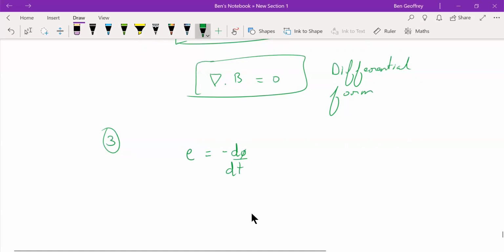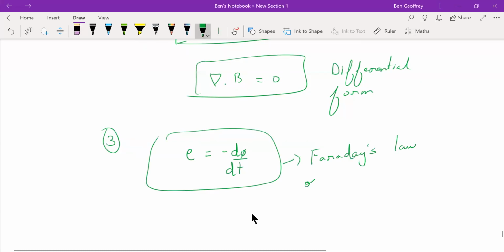So the third Maxwell equation comes from Faraday's law of electromagnetic induction.